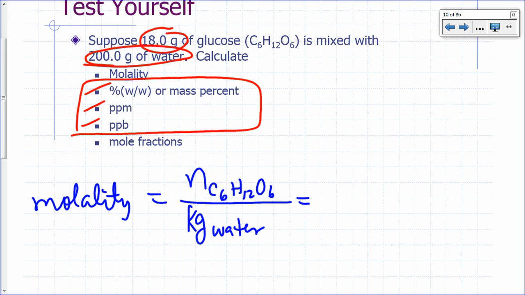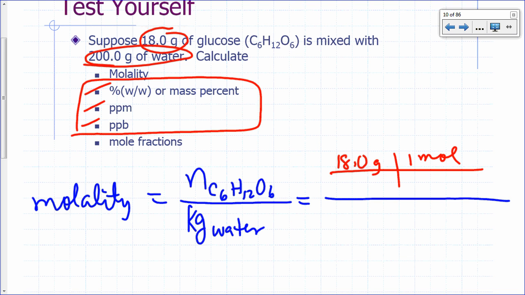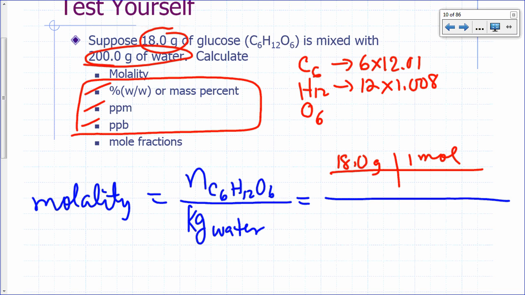So let's calculate moles of glucose. If you know the mass, that's the mass of glucose, 18.0 grams. Basically, you divide it by the molar mass. What's the molar mass of glucose? C6, so that's 6 times 12.01, H12, so that's 12 times 1.008 grams per mole. O6, so that's going to be 6 times the molar mass of oxygen, 16. You did this, you should get 180.2. Okay, so 180.2 grams per mole is the molar mass of glucose.